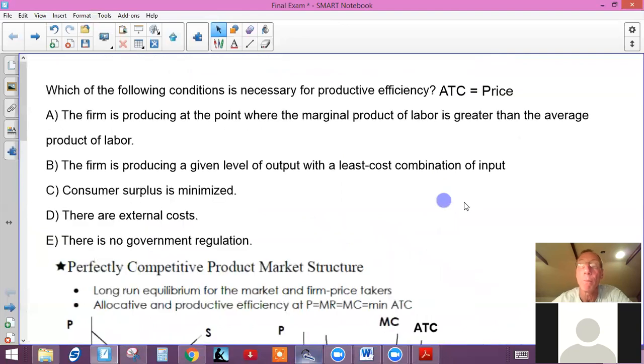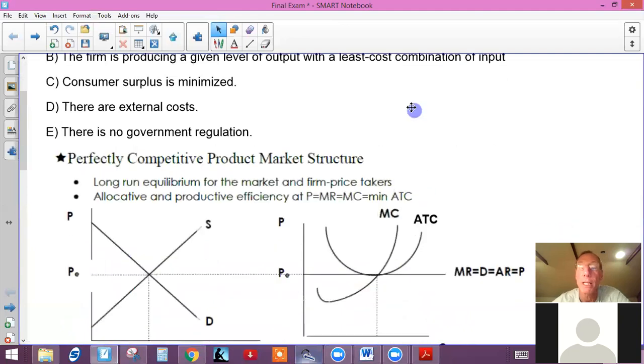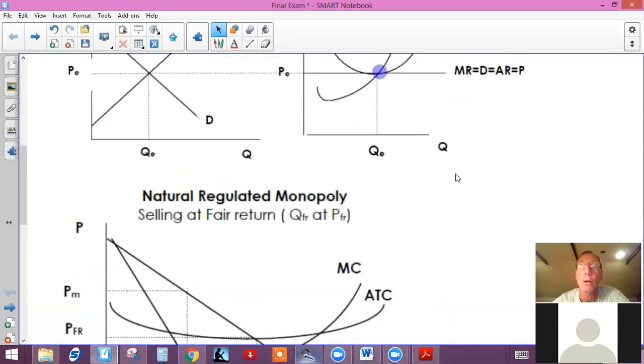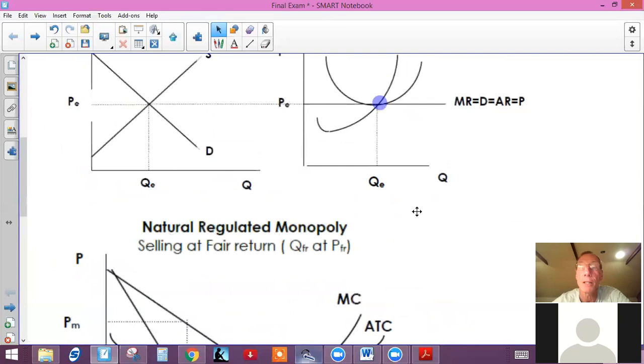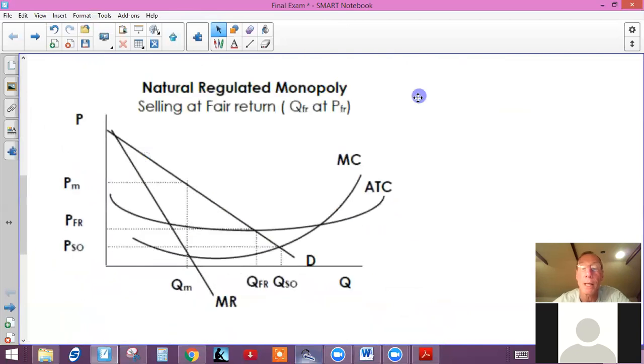Well, right. Least cost is going to be where average total cost equals a price, right? That's where that is. So that's the actual answer. That's going to be this point right here, right? This point right here, or in this other, if in this other, that would be this point.